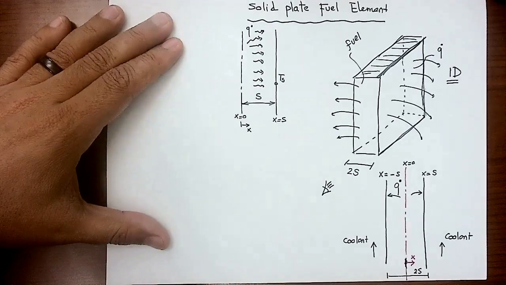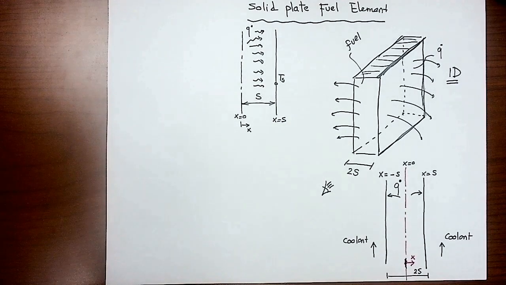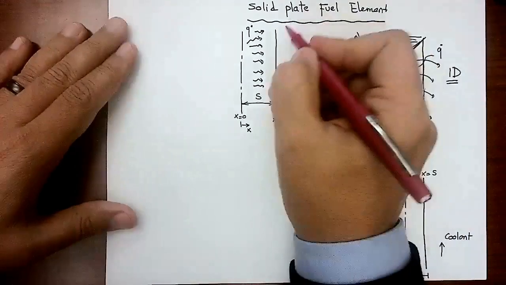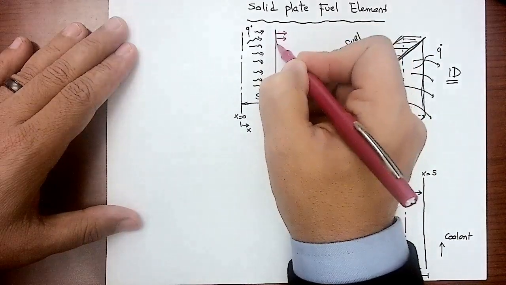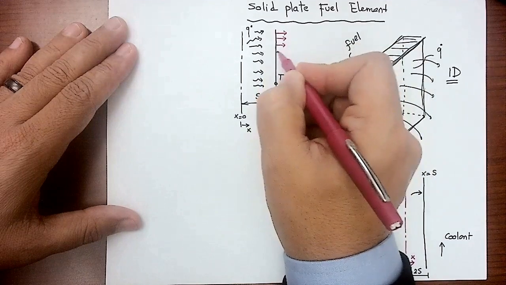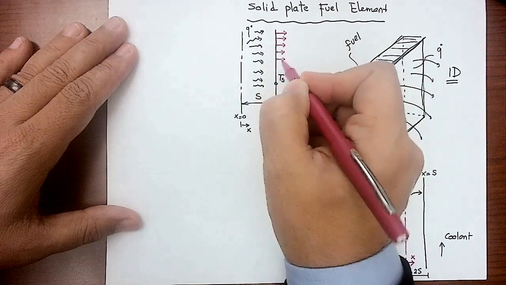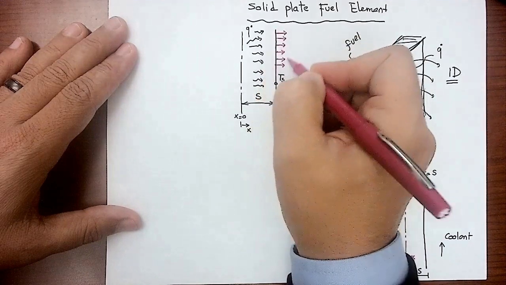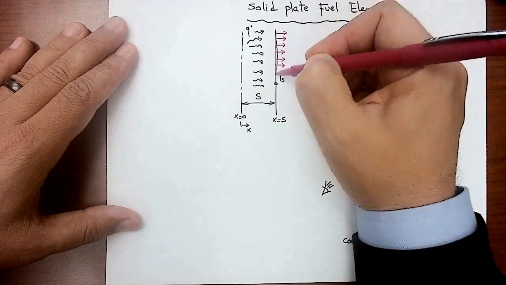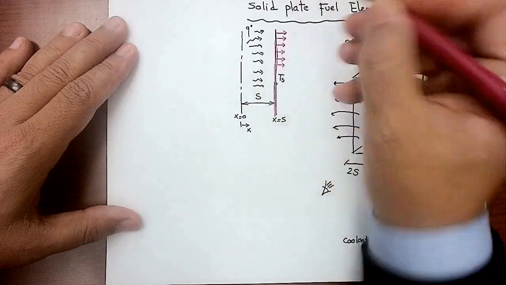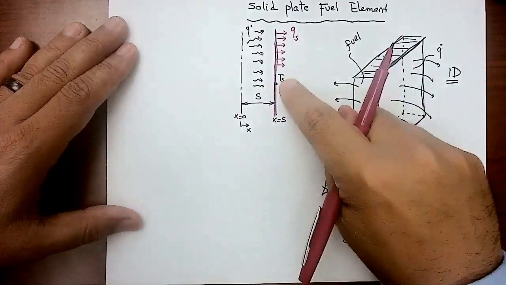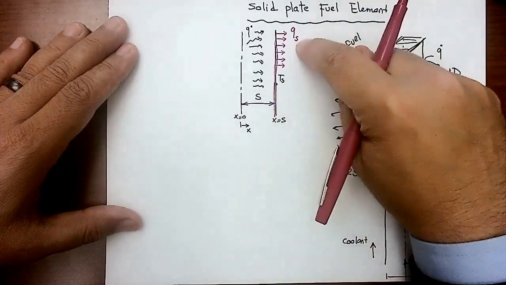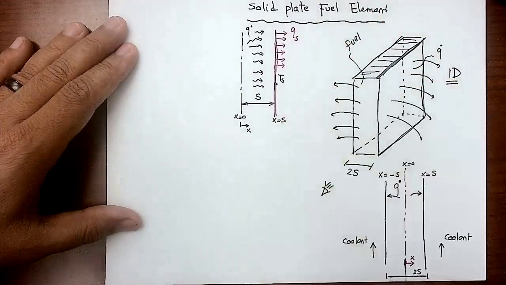What I'm interested in is how much of that energy will come out from that face, because this is what's going to my coolant, right? So this quantity of Q that's coming out from this face here, we call it Q from the surface. Like this is the temperature of the surface. This is the Q coming out of that surface.